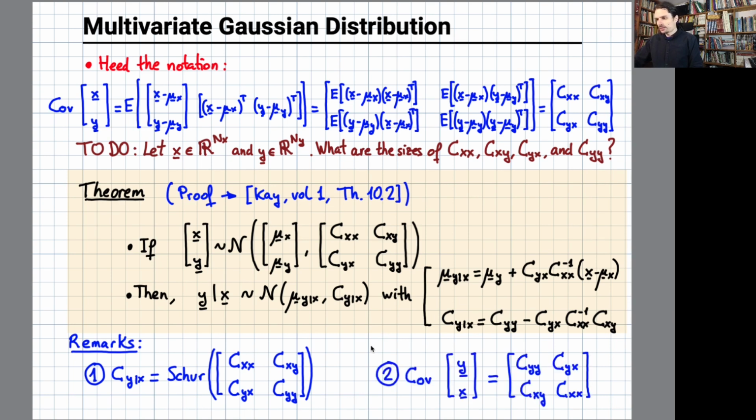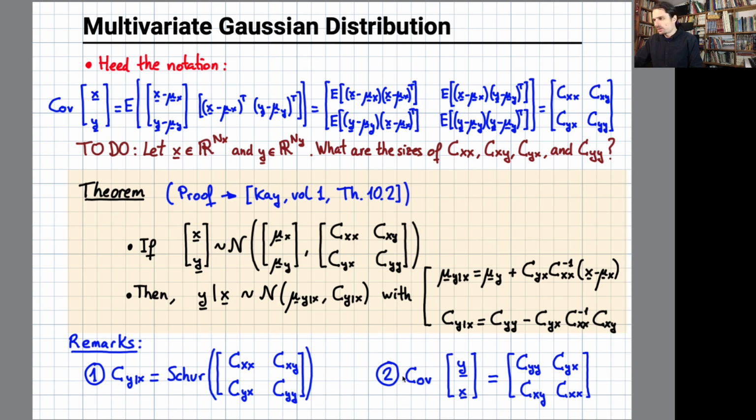And just to finish this slide, note that this theorem provides the posterior PDF or distribution of y given x. If one was interested in the distribution of x given y, then one can just apply this theorem by exchanging the blocks, right?